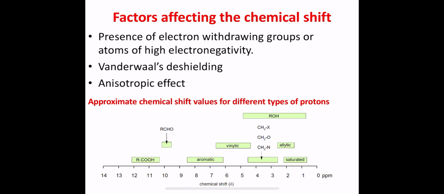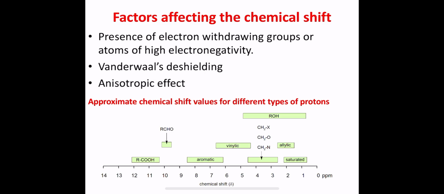The deshielding effect decreases as the distance of the proton from the electron withdrawing or electronegative group increases. Okay, next is van der Waals deshielding. Another factor which affects the chemical shift is van der Waals deshielding. When a proton occupies a sterically hindered position, that means there are many electrons present around the proton, it automatically experiences steric hindrance.